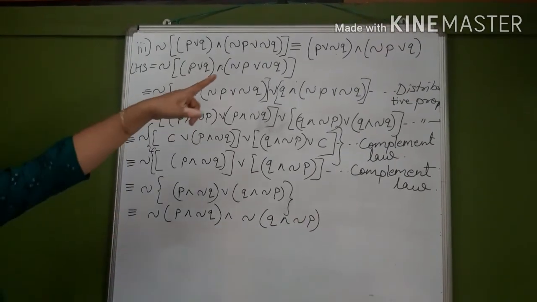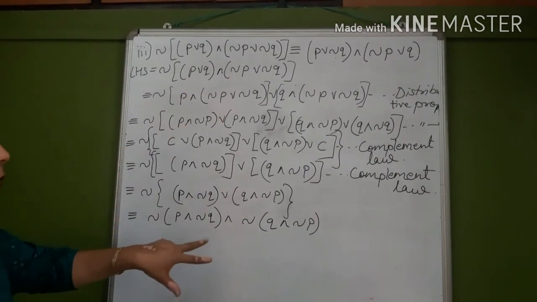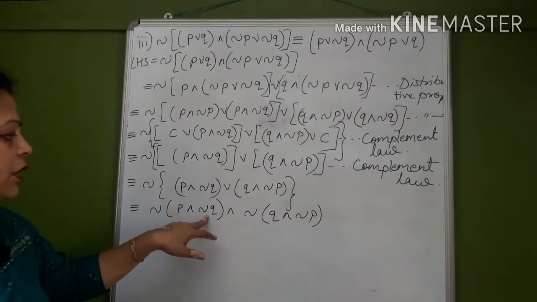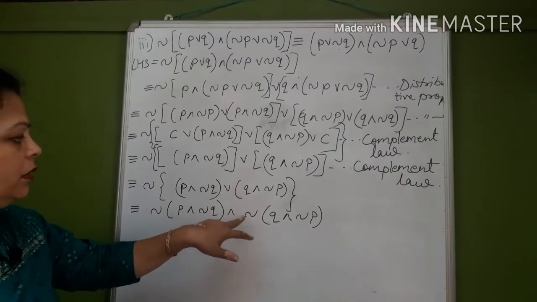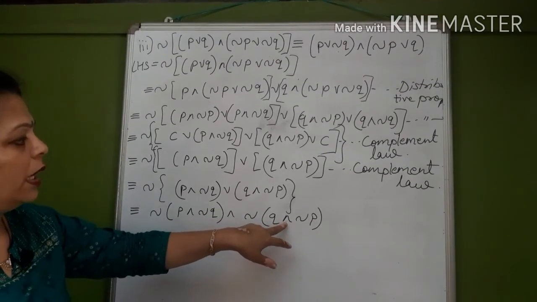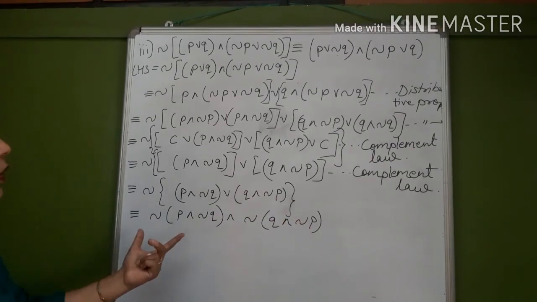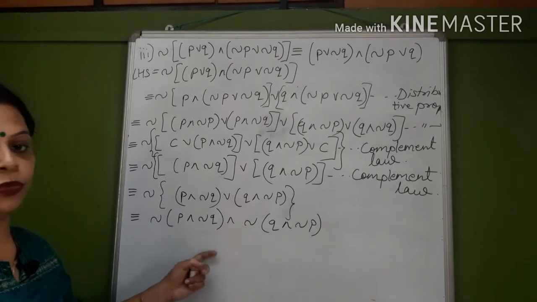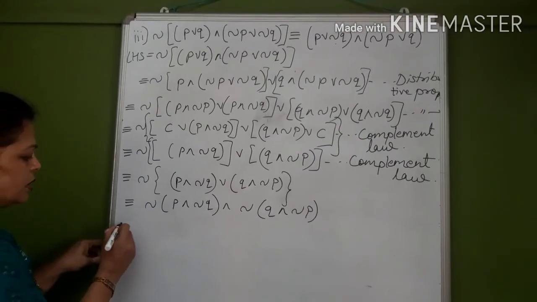Now what is here given? P and negation Q and negation of Q and P. So again we will find here the negation of each term, these two. So that is the De Morgan's theorem.